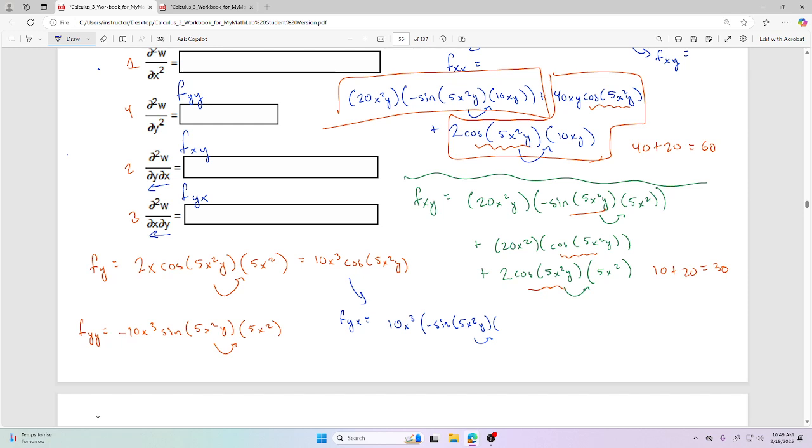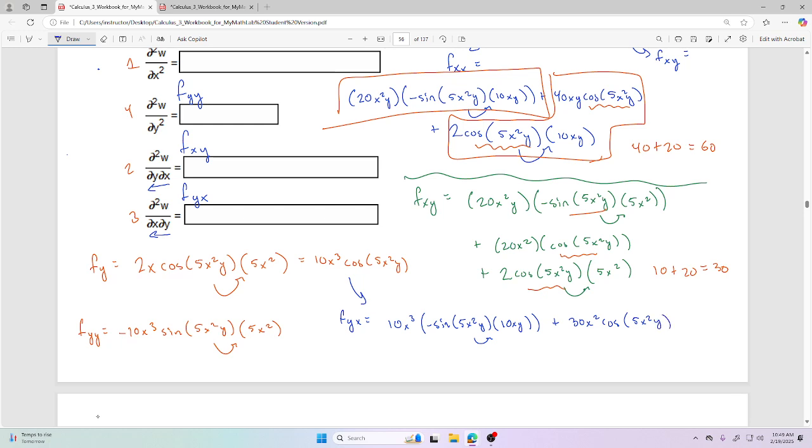Derivative of this guy in terms of x. Be careful. Yes. And then I now take the derivative of the first one. So 30x, very good, squared. Thank you. And then I leave the cosine, and I don't do anything else with it.